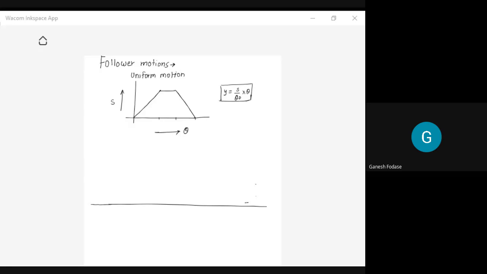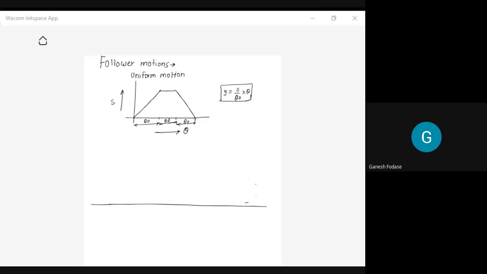At theta equal to 0, and this one is theta o, this one is dwell angle theta d, and this one is theta r. So theta o, theta d, theta r. Then we find the value of y at different angles.